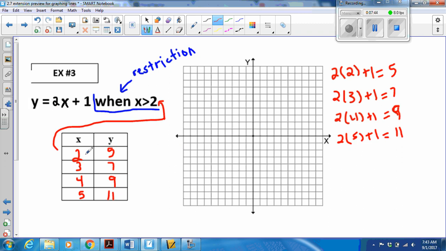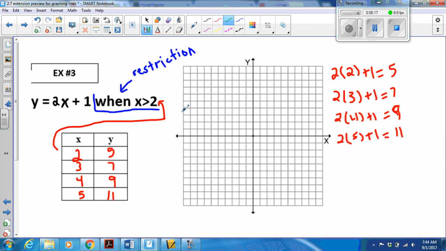So now we need to plot these points. Before we plot them, we have to look at this inequality, because it's going to tell us if we have an open or closed circle. Remember when we had to do this with absolute value inequalities? We're going to do the exact same thing. If we look at our inequality, we don't have an equal bar underneath.